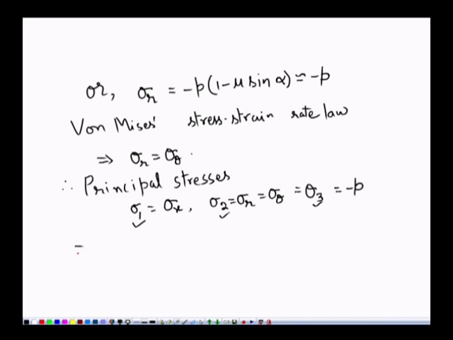So this will give us sigma x plus p equal to our yield stress, or here we can say that the value of p would be equal to sigma y minus sigma x.